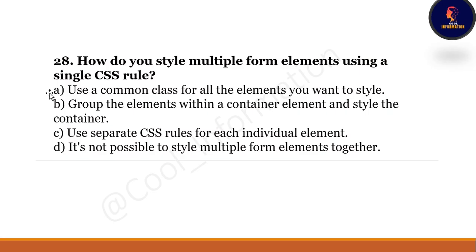And the last option is it's not possible to style multiple form elements together. The correct option will be option A. We use a common class for all elements we want to style, to style multiple form elements using a single CSS rule. So option A will be correct here.